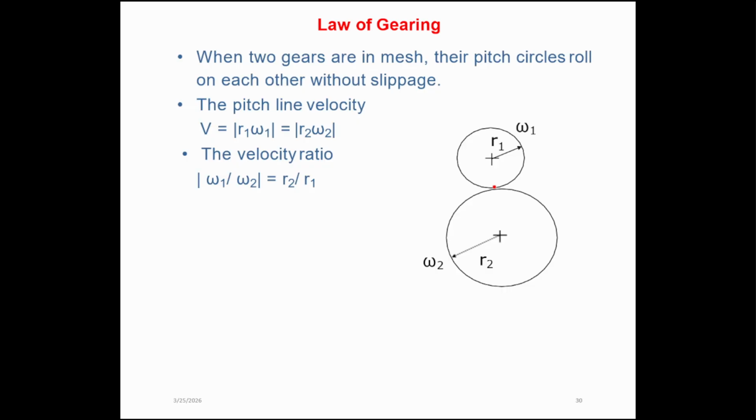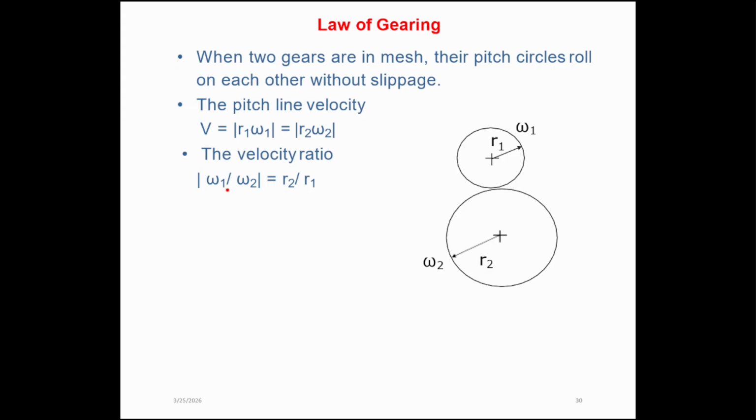But it is not applicable in gears, right? So why do we have two lines there? Because you know that the velocities are opposite, right? To get the magnitude, I have put the magnitude mode there, and accordingly we can get the velocity ratio.